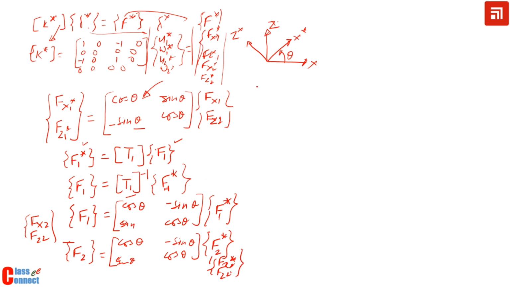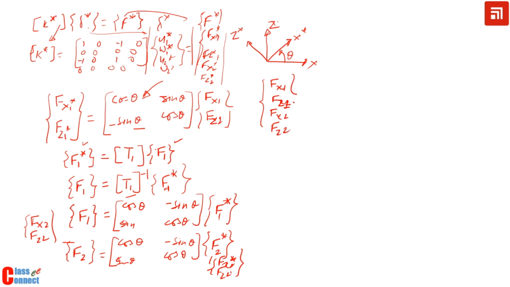So now I can write down the complete assembled local nodal force vector as Fx1, Fz1, Fx2, Fz2. Again I emphasize that I am not writing the reference of the element.